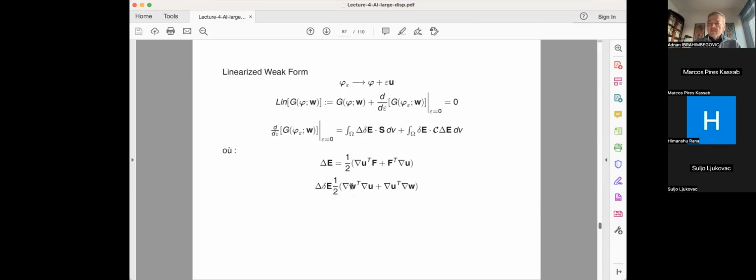So this will be the virtual displacement gradient transpose times the incremental displacement gradient, plus the incremental displacement gradient transpose times the virtual displacement gradient.